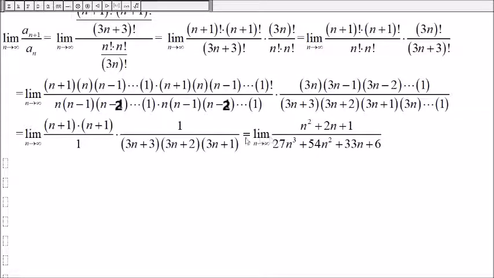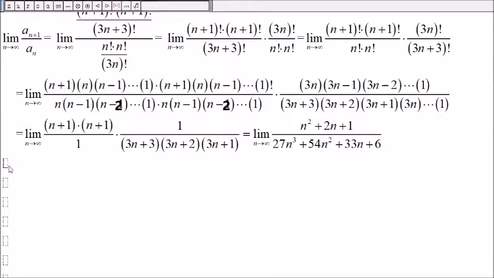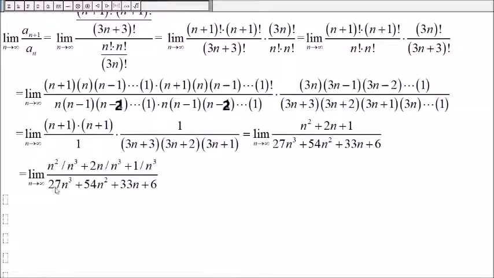And then to find the limit here, we can divide everything by n to the third. So divide everything on the top by n to the third, and divide everything on the bottom by n to the third.